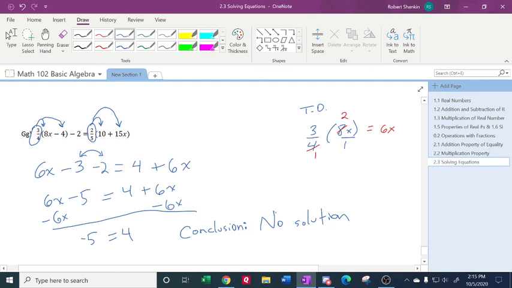All real numbers are solutions. If you get a true statement, it's going to say every number is the solution, because these two sides would have been identical. It would have been a true statement. But since it was a false statement, it's always false. Conclusion, no solution. No solution for that problem.